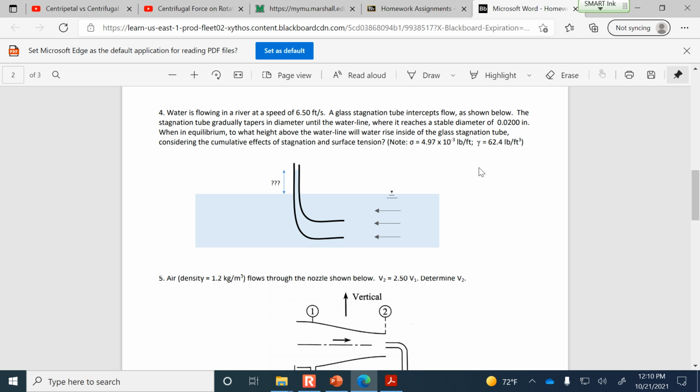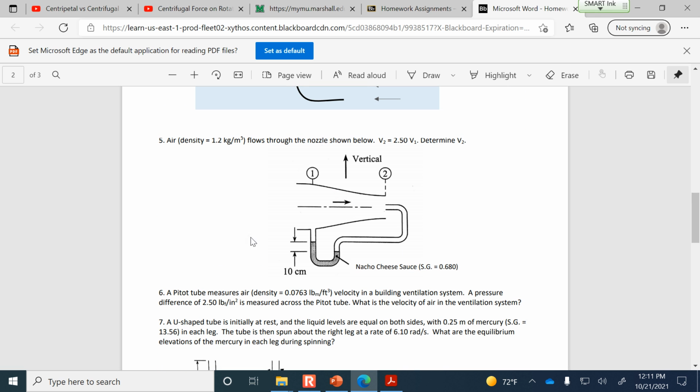And so it's trying to maximize contact with that silicon dioxide that the glass is made out of. So you need to calculate what distance of the rise is due to the capillary effect for this given tube diameter, and then what distance is because of the stagnation, and combine them together.